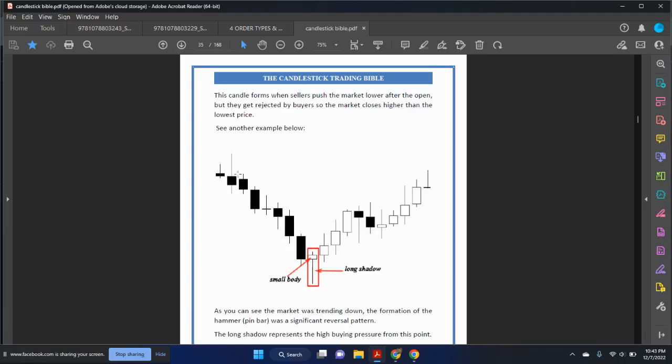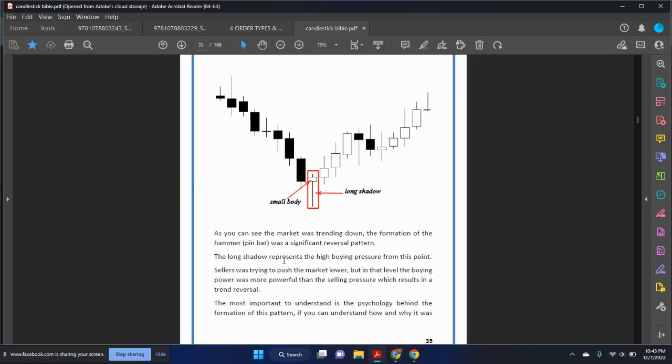So here the sellers were in control. Sellers actually did push the market lower after the open, but then they got rejected, so the buyers took control and made the market close higher than the lowest price. And then they were saying that it's a reversal. With your other confluences, it went up.